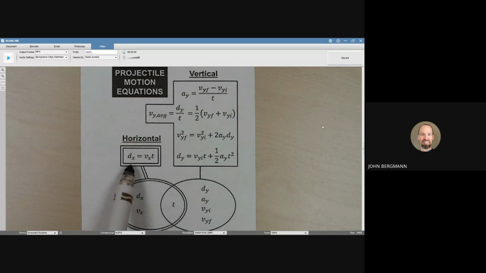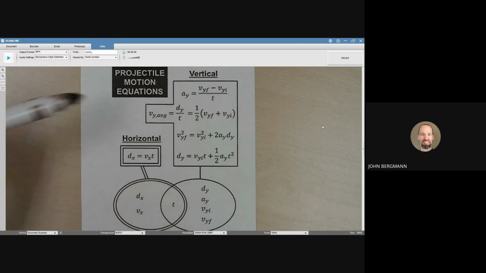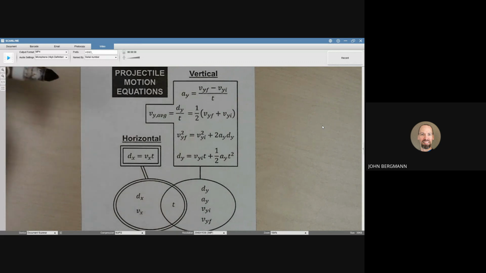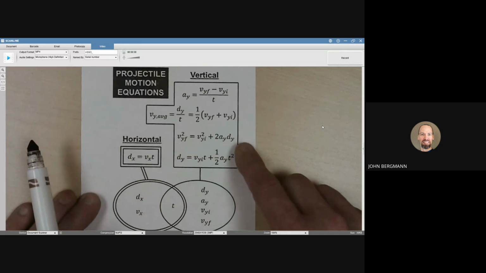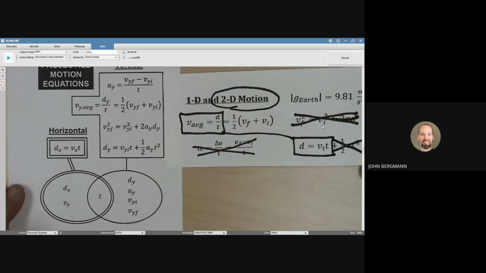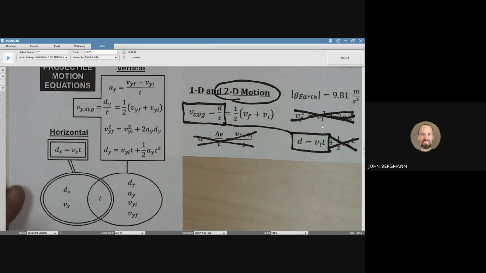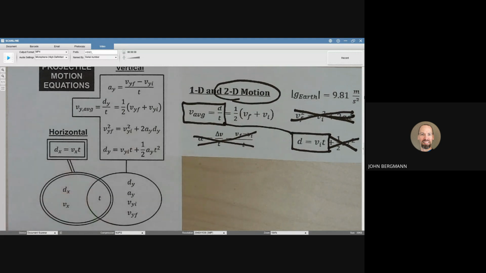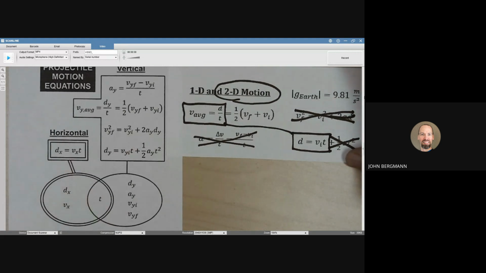The displacement in the x direction for something that's launched in the air is equal to the velocity in the x direction multiplied by the time that it's in the air. All 4 of the equations, however, apply in the y direction. These equations here are identical to the ones that I showed earlier. I've just added some y subscripts to indicate that they occur in the y direction.